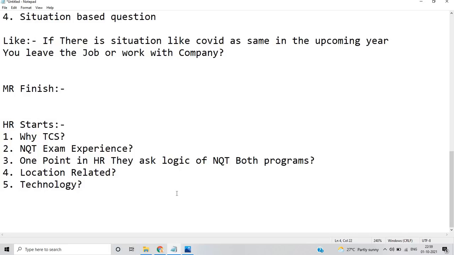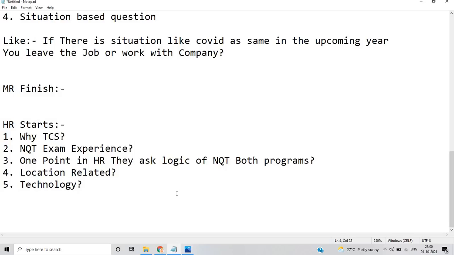In HR there are some questions like why TCS and what was your NQT exam experience. One point: in HR they ask the logic of an NQT program; Ayush solved one of the programming questions from the TCS NQT. They also ask location-related questions and technology-related questions.